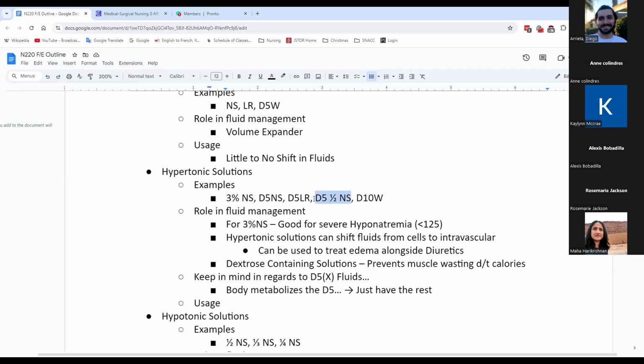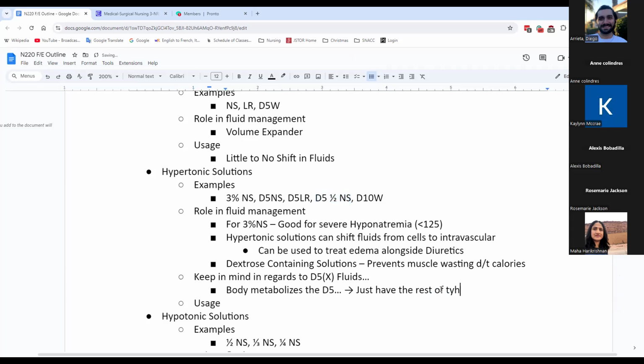So if you take the D5 half an S, your body is metabolizing that sugar and being left over with half an S. But because it's continuously being given, it's consistently metabolizing that sugar. So it's not going to have the full hypotonic effect you would expect from half an S, which would have a really big shift of fluids, but it's still going to be overall hypotonic in the blood.